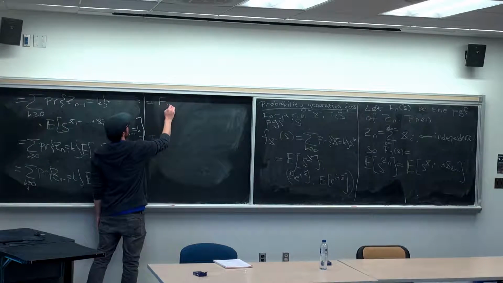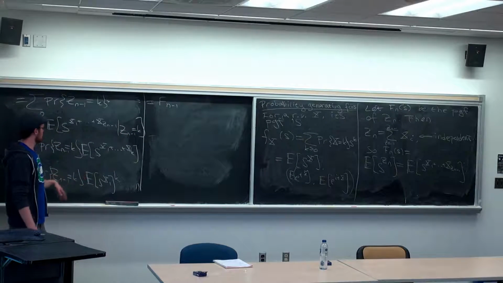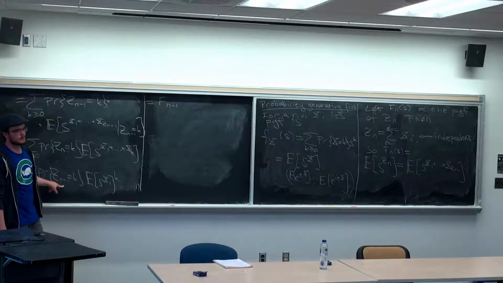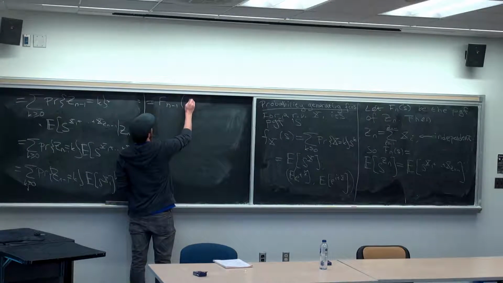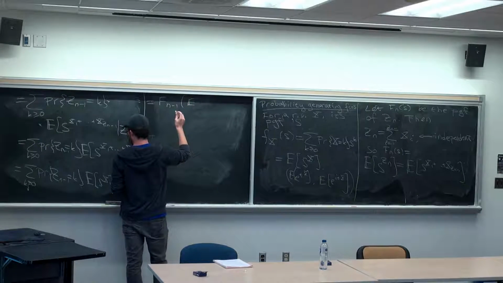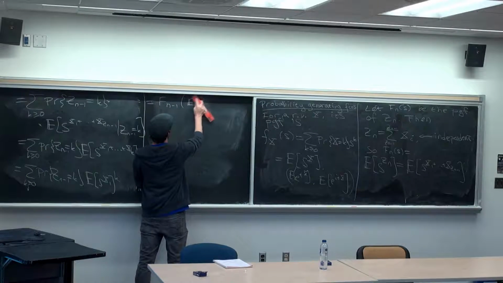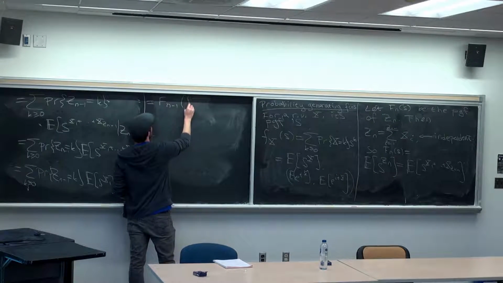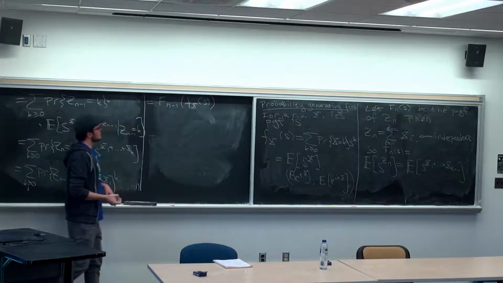If we think of this expected value here as just a variable, then this is the definition of the probability generating function for Z_{n-1}.